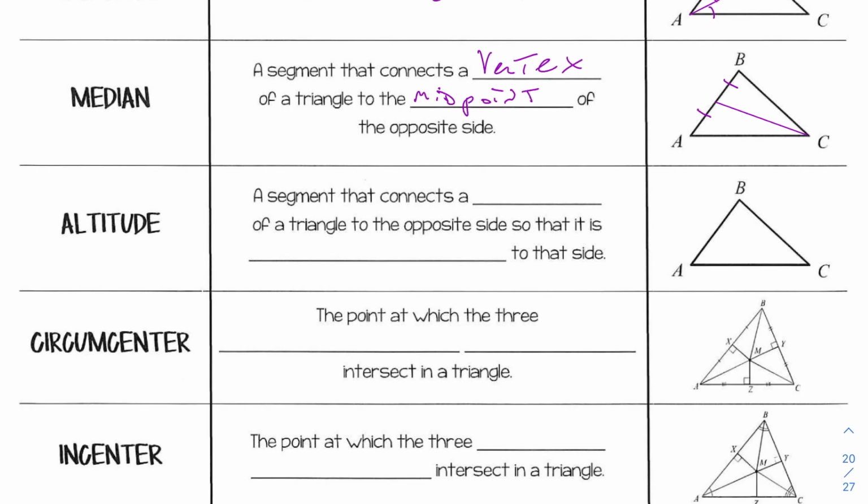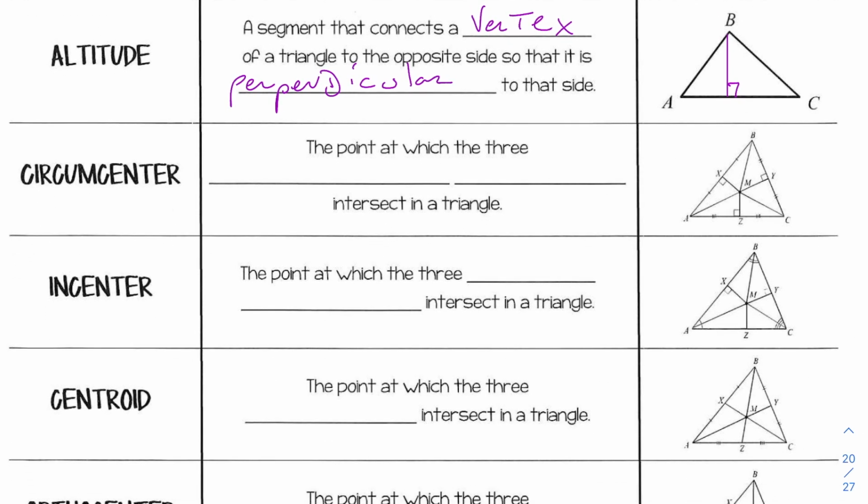An altitude is a segment that connects a vertex of a triangle to the opposite side so that it is perpendicular. And we know that because we measure from a point to a line at a right angle. We do not expect an altitude to bisect the side that it intersects.